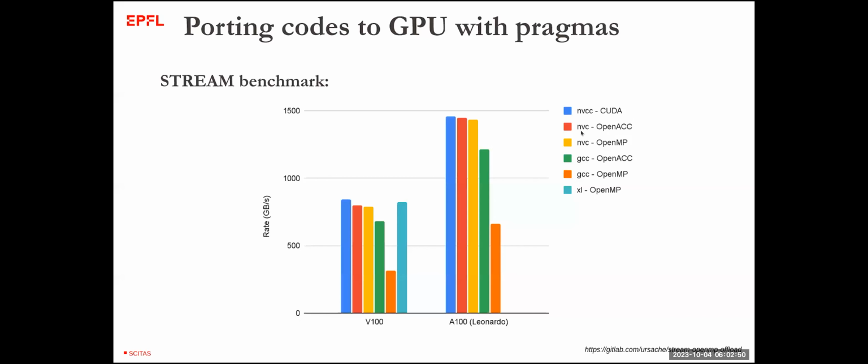For the NVIDIA compiler, we have kind of similar results, but for GCC, we have a much, much better result with OpenACC than we do with OpenMP. And so we want to keep the possibility of using OpenACC for machines where that will make it go faster, but also keep OpenMP for machines where we don't have access to OpenACC.